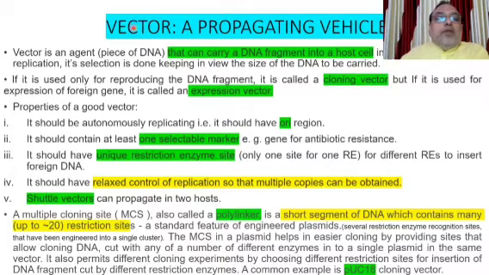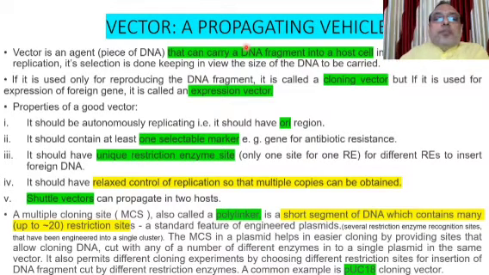So let us begin with the definition of vectors. How will you define a vector as far as recombinant DNA technology is concerned? So a vector is a fragment of DNA. It is a small stretch of DNA, which has the capacity to insert a longer stretch of DNA, which is to be propagated by the recombinant DNA technology.